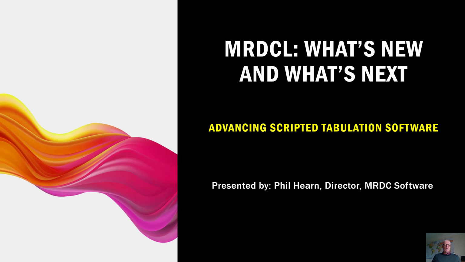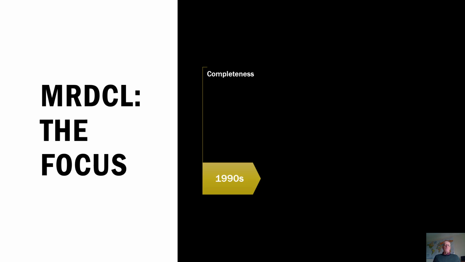So let's take a look at where we're going and perhaps just reflect first of all on where we've come from. If we look at the scripted tabulation market and indeed MRDCL itself, the 1990s was probably the period when completeness was put in place, and by that I mean that all the tools you need to produce any tables were made available in the software packages.